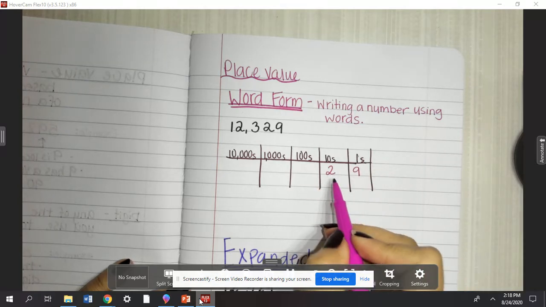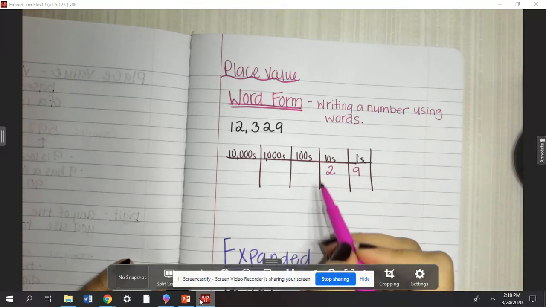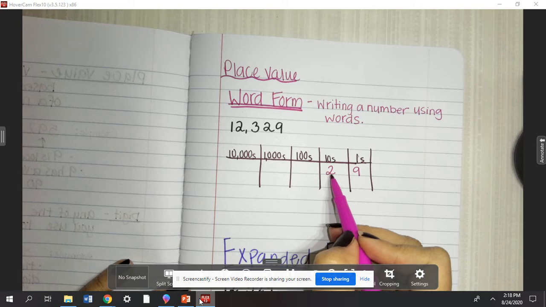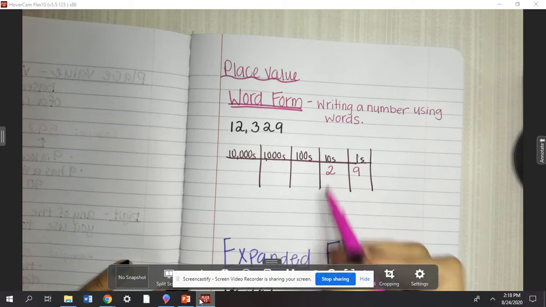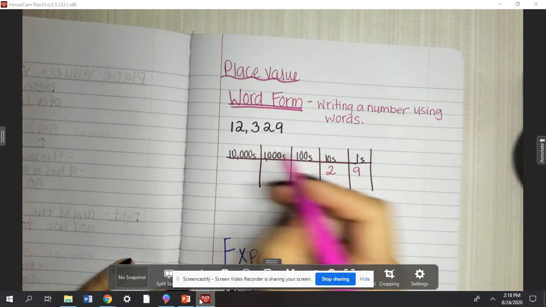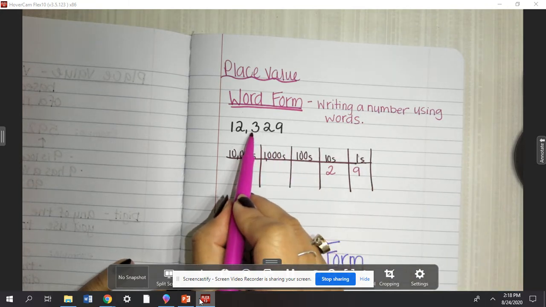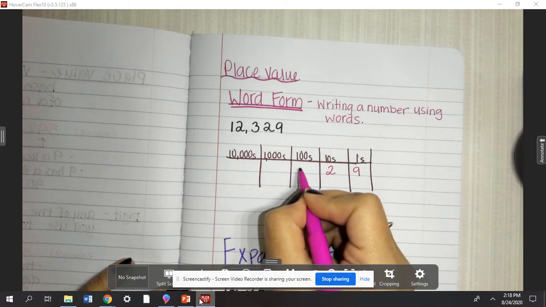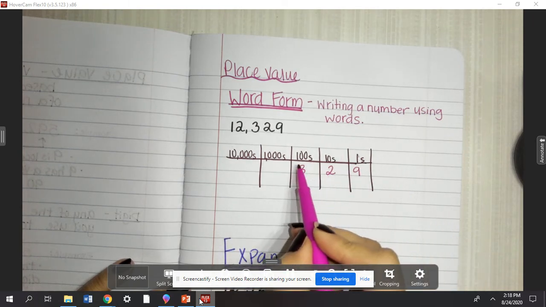That literally means if I had 2 tens, so 10 plus 10 would be 20, right? That's the value of this 2. 2 tens is 20. I'm going to go to the next digit here, 3. That means I have 3 hundreds. So if I had 3 $100 bills, how much would I have?